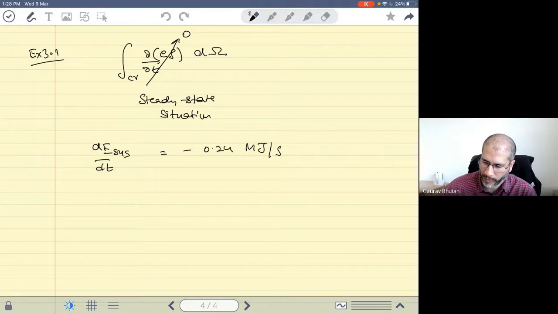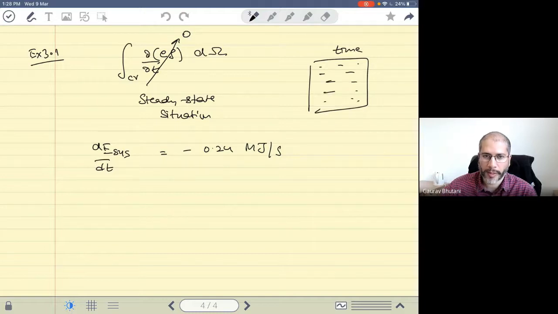So whatever control volume we had, if at that time we have some molecules inside the control volume, and you're tracking the rate of change of energy of these molecules at a given time, that's the dE by dt of the system, and that's negative. And we'll worry about why it is negative, what can cause this to be negative or positive, in the heat transfer course. But here we are more interested in finding out these values using the transport theorem that we have just understood.